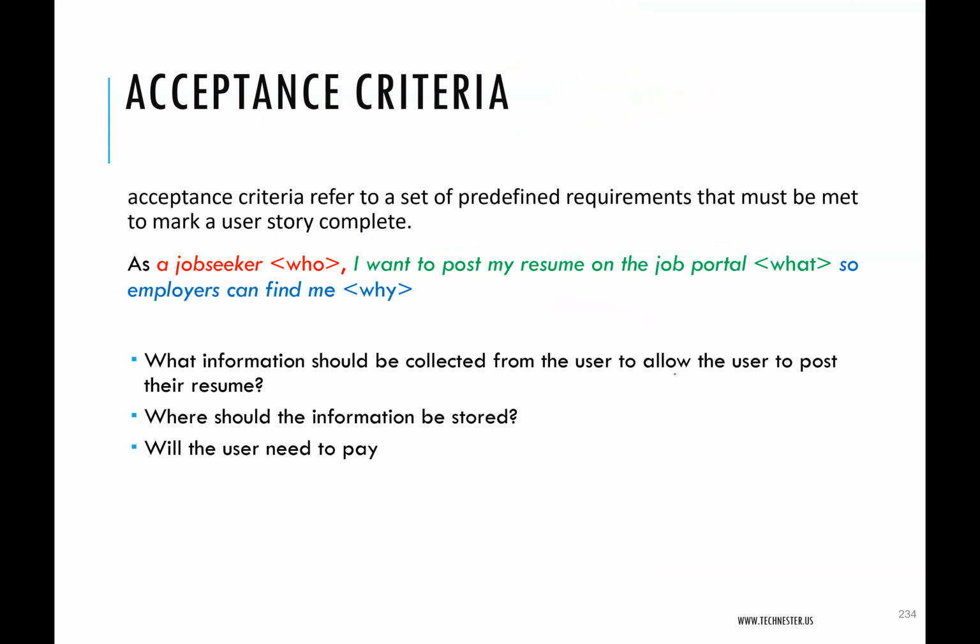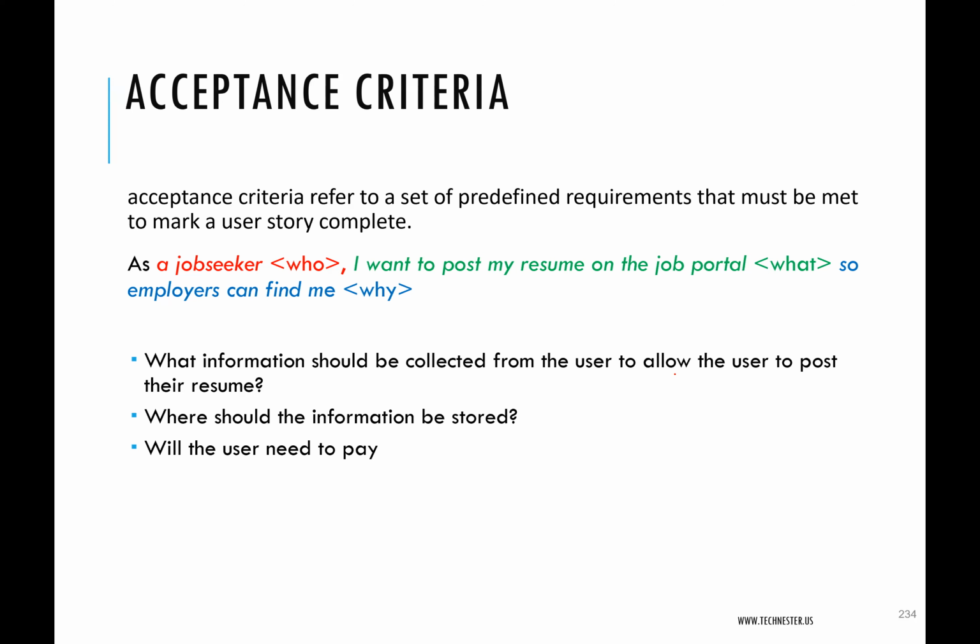For every user story, you must write an acceptance criteria. So acceptance criteria refers to the set of predefined requirements that must be met to mark a user story as complete. So what are the requirements that the functional requirements must meet for us to say you have done them well?